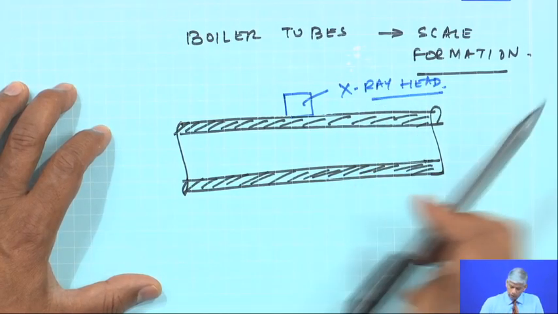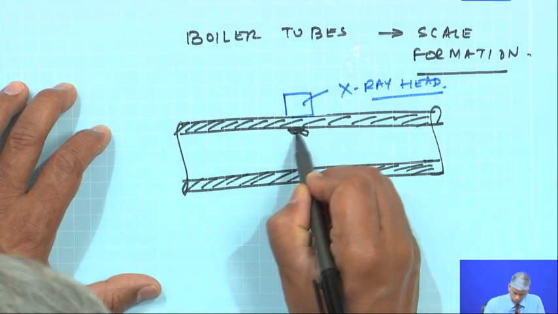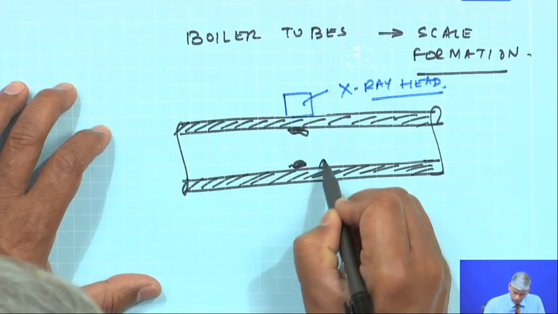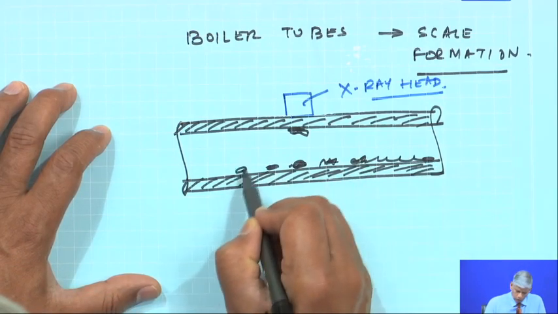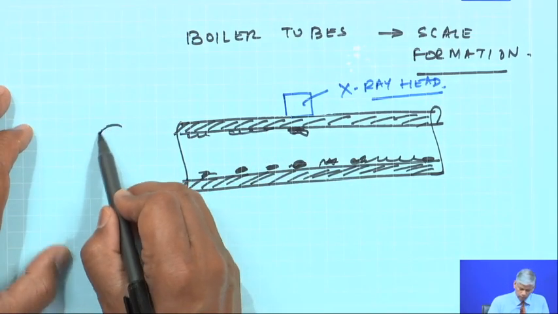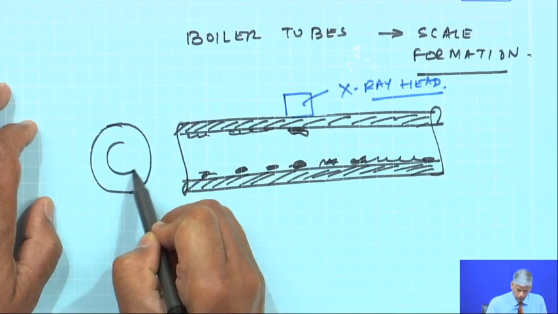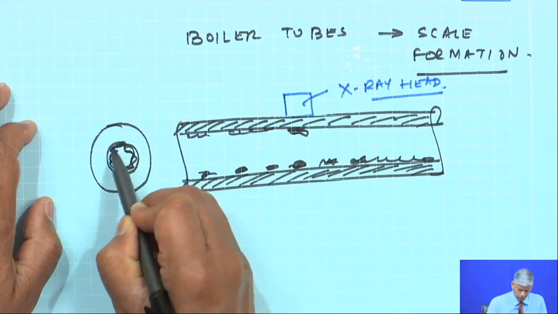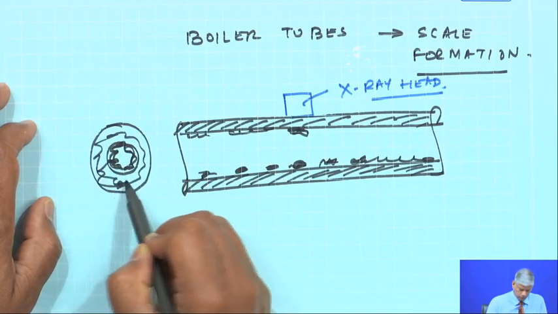Okay. Now, imagine if certain scales have formed, deposits are there. In fact, the deposits will be there entire throughout. And if you look at the X-ray images on a section, you can clearly see such formation. These are all solid.